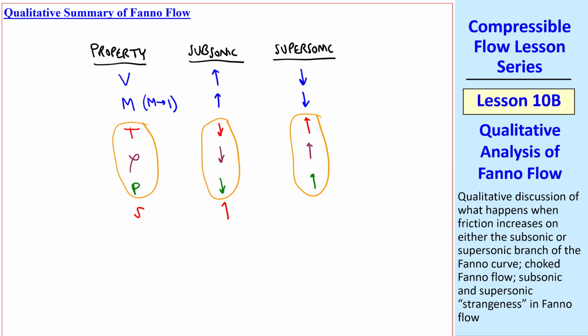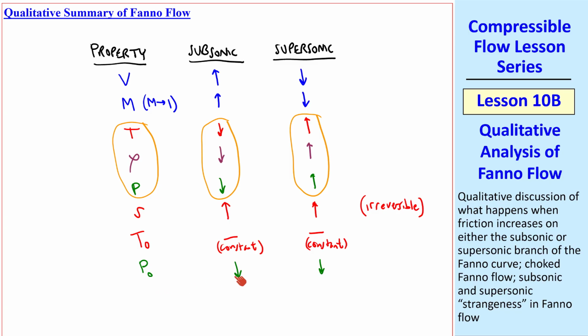Specific entropy, on the other hand, goes up on either branch because these flows are irreversible due to friction. There is a property that remains constant, namely T0, which is constant for either branch. This is in fact the only property, other than H0, that remains constant in Fanno flow. What about stagnation pressure? Well, it goes down for both branches.